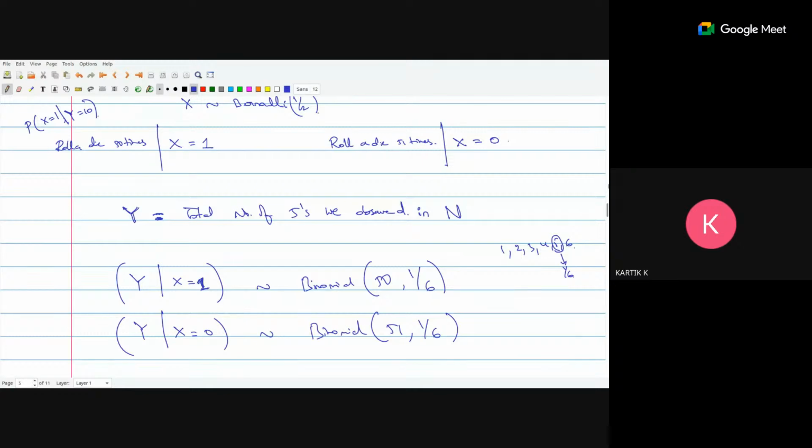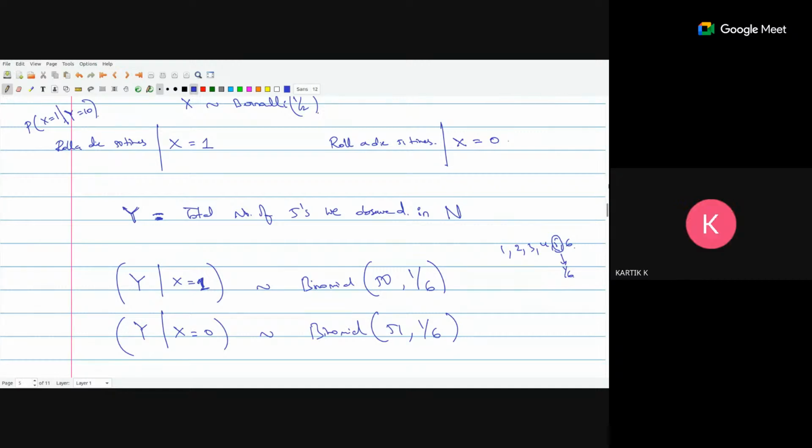If I have to solve this, how would I solve it? You want the distribution of y, right? So y can take values from 0 to 50 or 51.